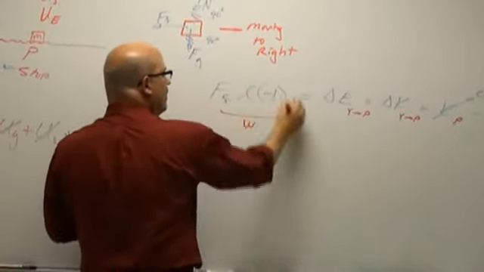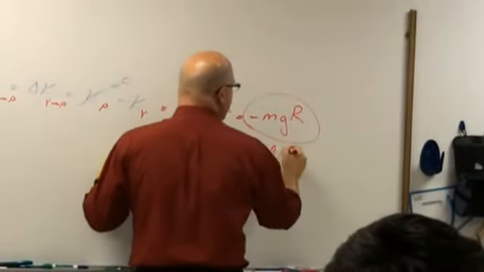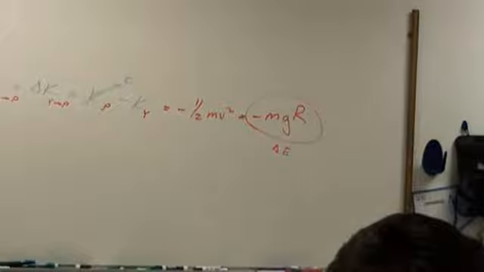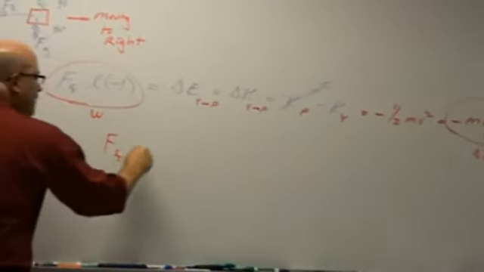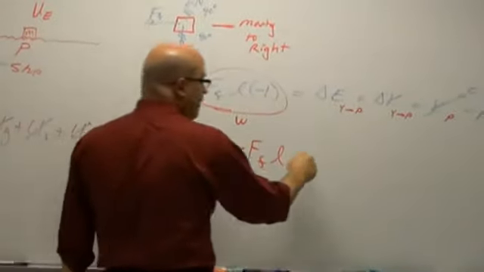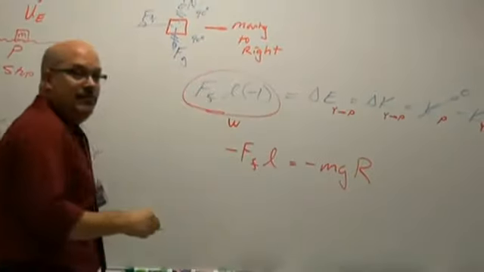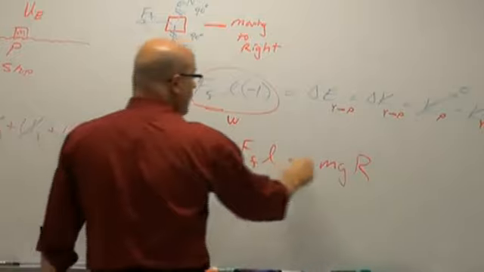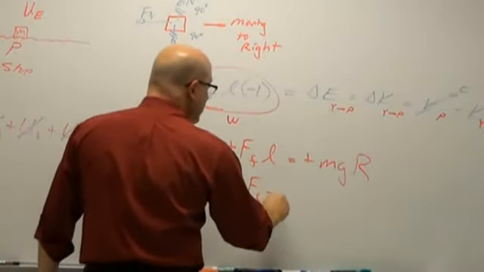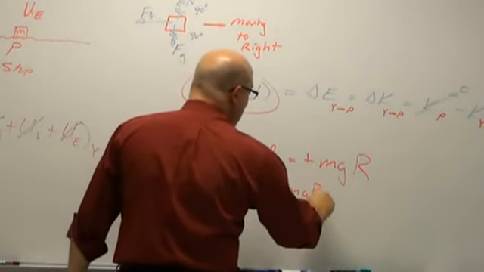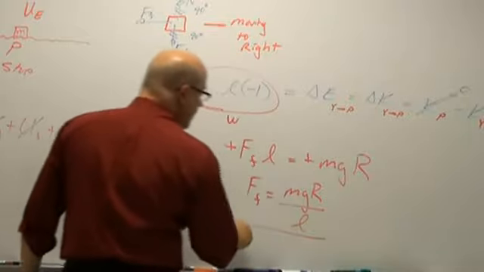It's just that it's the change in direction. This is our change in energy right here. Either way, it's negative. So we end up with force of friction times L, negative, equals negative mgr. The negatives go away, and I'm left with force of friction equals mgr over L.